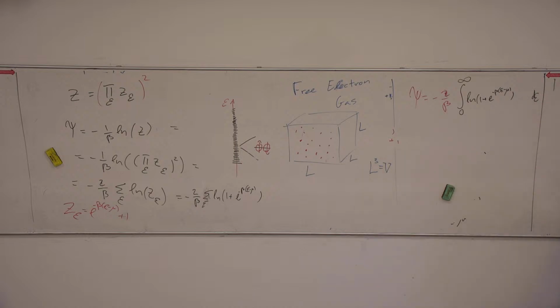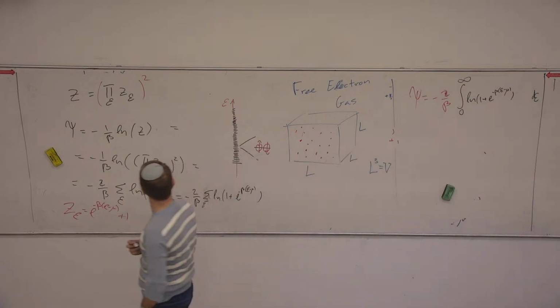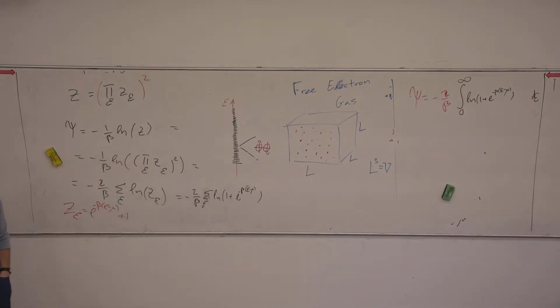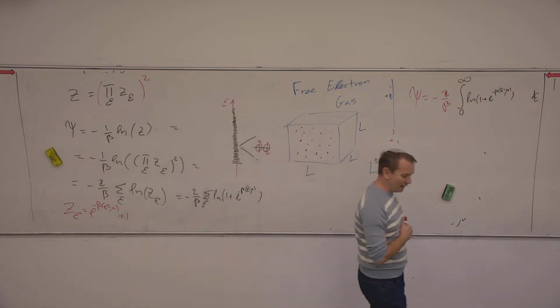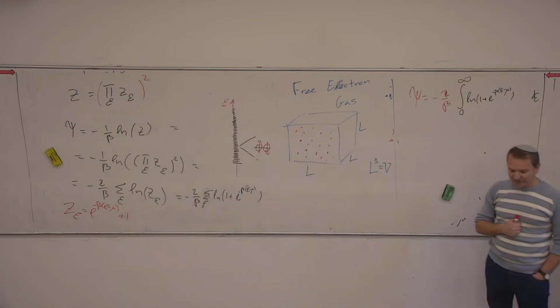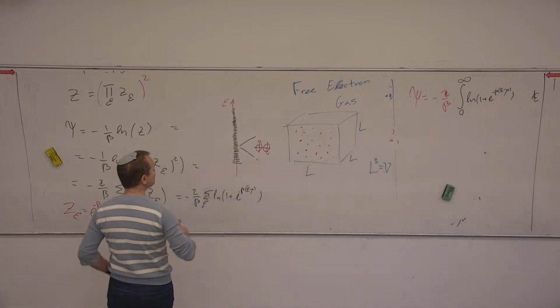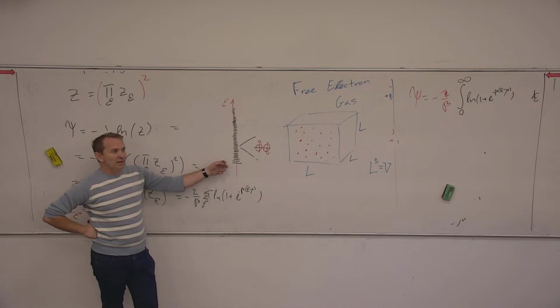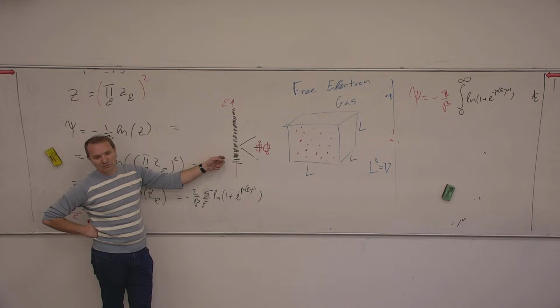Is it enough? No, you need the density of states. Why are you integrating to infinity and not to some h bar omega Debye? It's electrons. The omega Debye came from the idea that I have some specific number of degrees of freedom. Is there any limitation on the possible energy that those particles are going to have inside my box? Well, maybe I need to diagonalize the Hamiltonian.